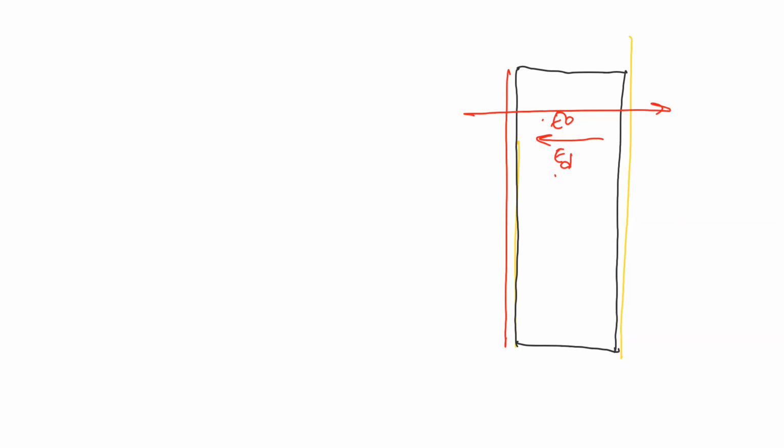So for that, we'll go back to our derivation. We discussed E net is equal to E naught minus ED, right? And E net itself is equal to how much? We discussed E net is equal to E naught by K, linear isotropic dielectric.